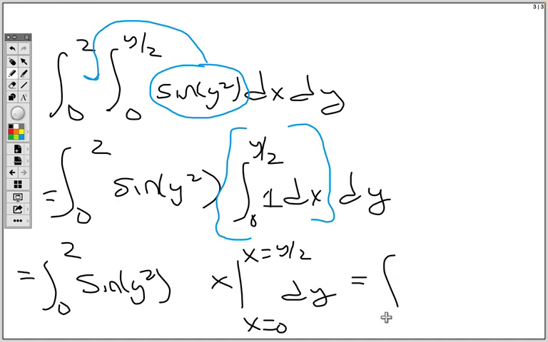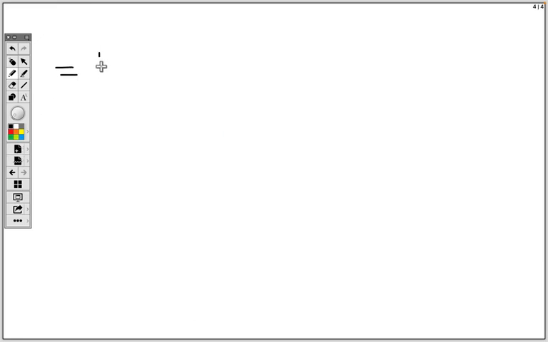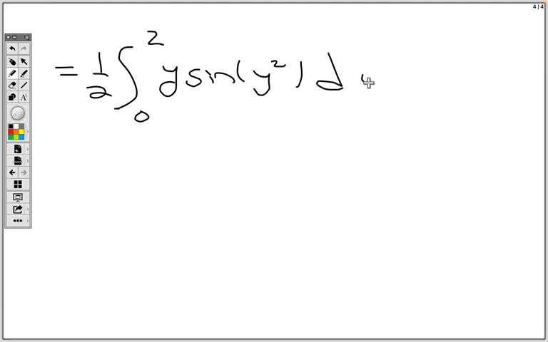And so you're just going to get the integral from 0 to 2 of sine of y squared times y over 2 dy. So if I rearrange this, I can factor that half out: one half times the integral from 0 to 2 of y sine of y squared dy.